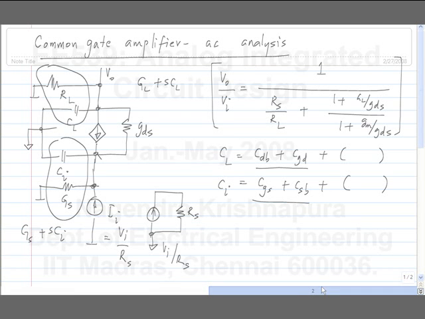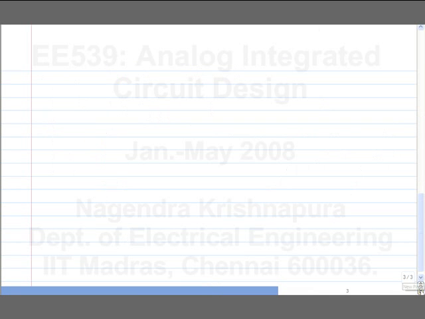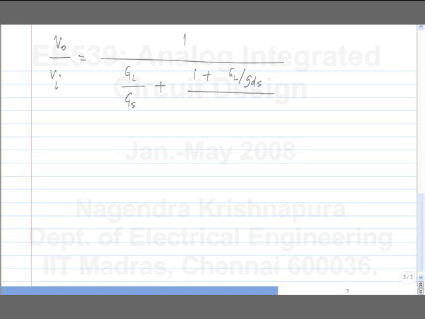But the important thing is I have to do this source transformation first. Okay. I have V naught by Vi here. V naught by Vi was 1 by, let me write it exclusively in terms of conductances. Okay. Now if I wanted V naught by II instead, what do I have?